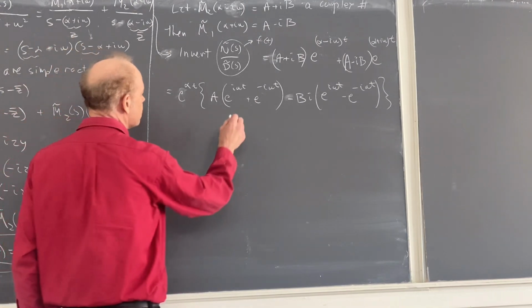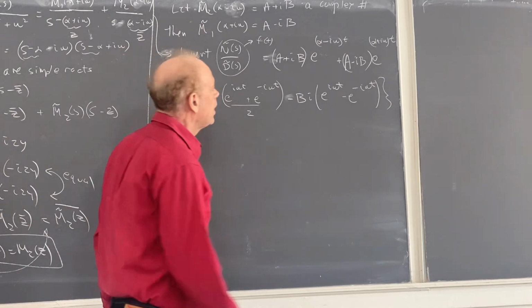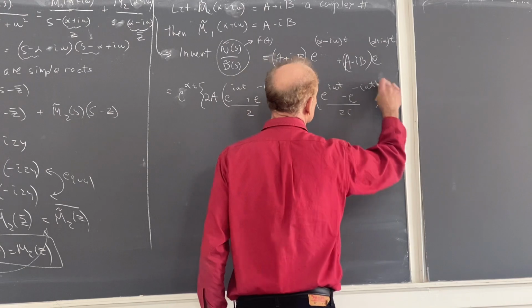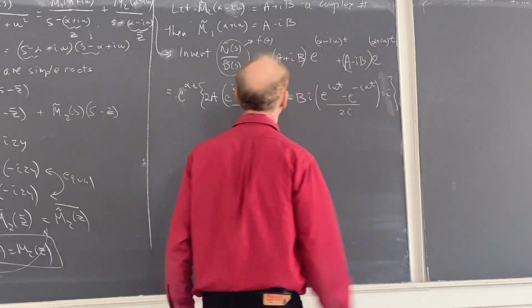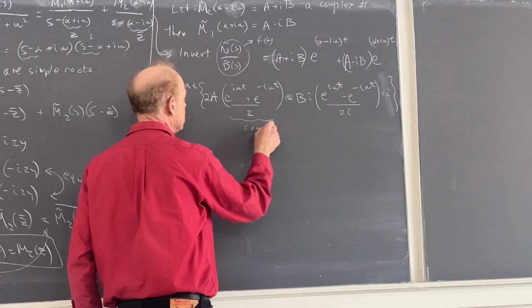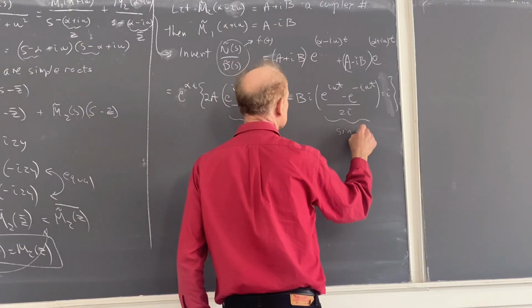Well, notice I can multiply and divide by 2 here. And I can multiply and divide by 2i here. And if I do that, I can note that this is cosine omega t. And this thing is sine omega t.